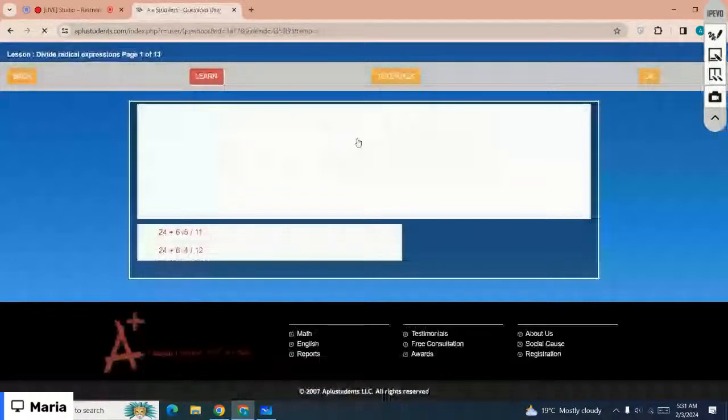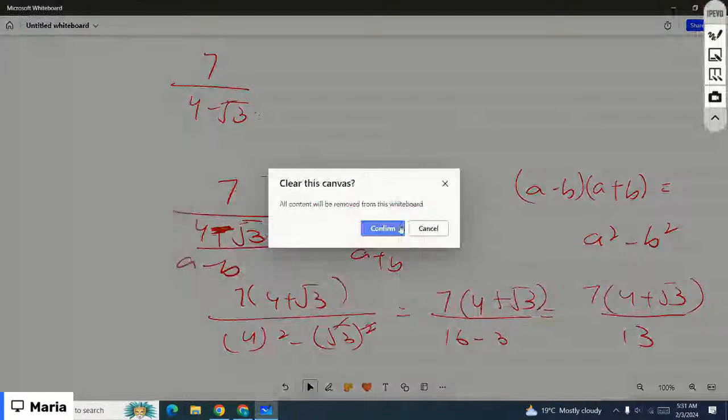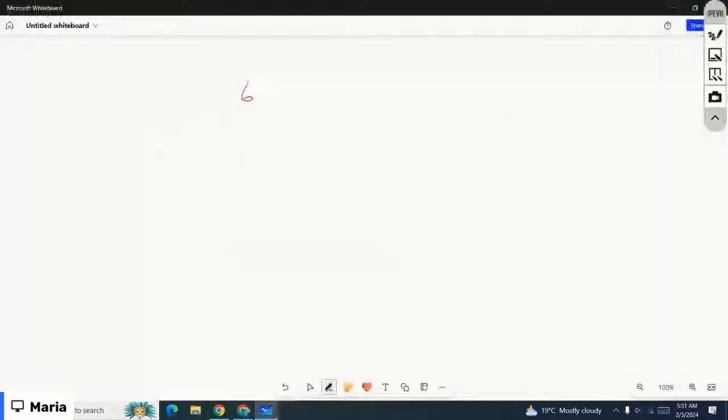Okay, the next one is 6 divided by 4 minus square root 5. So you need to multiply and divide by the conjugate, right? The conjugate is 4 plus square root 5, and multiply and divide by 4 plus square root 5.